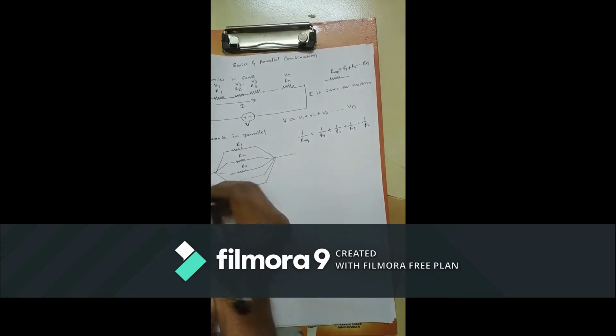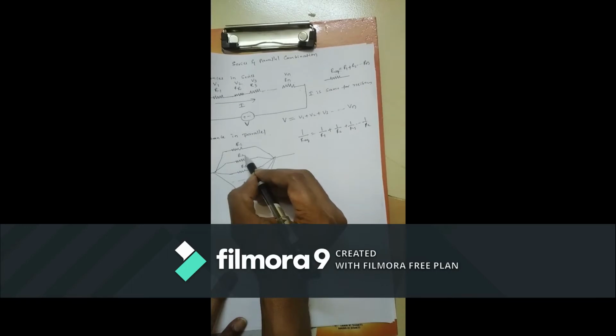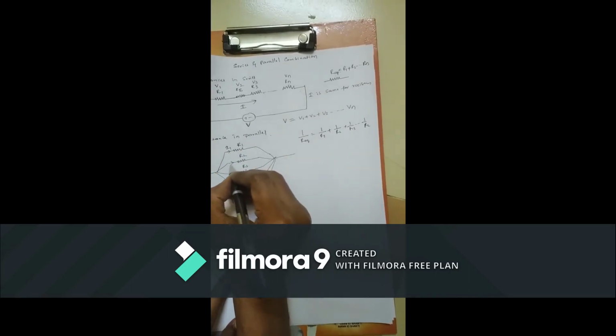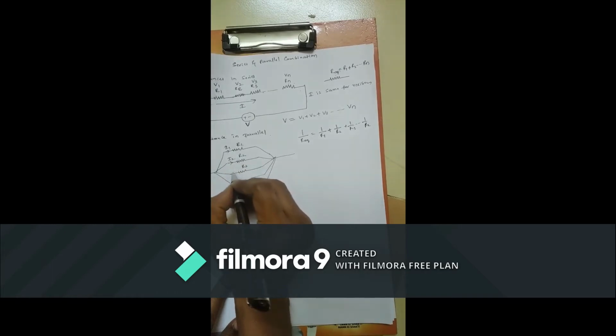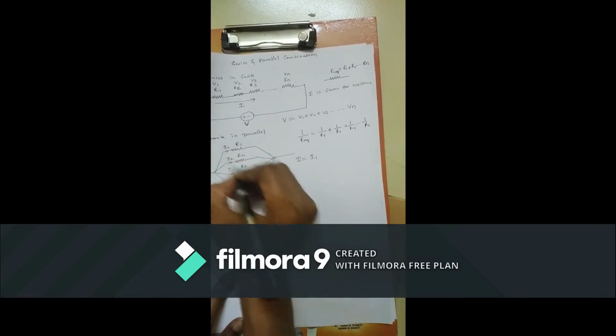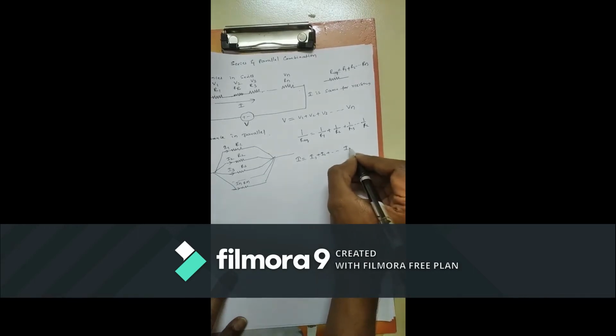If the total current is I, it is divided between the individual resistances. Suppose the current through R1 is I1, through R2 is I2, through R3 is I3, and through Rn is In. Then the total current I is the sum of the individual branch currents I1, I2 up to In.